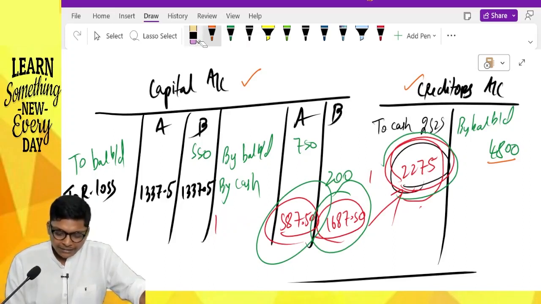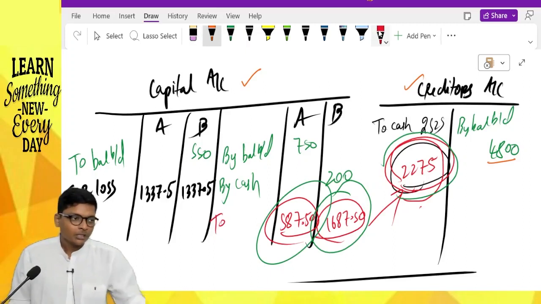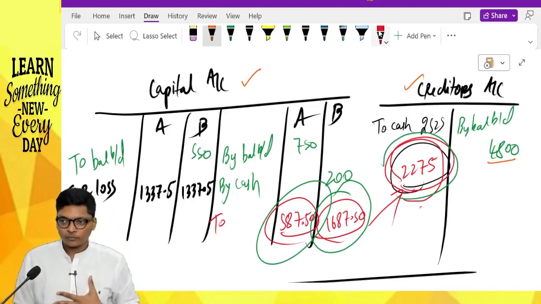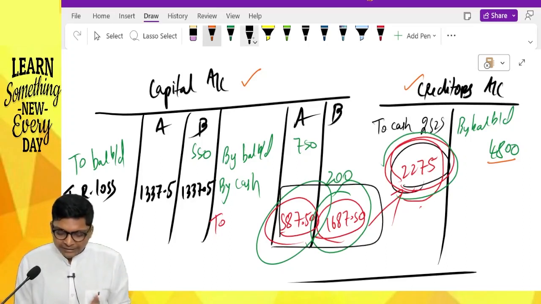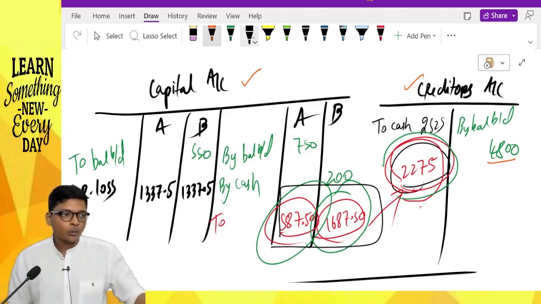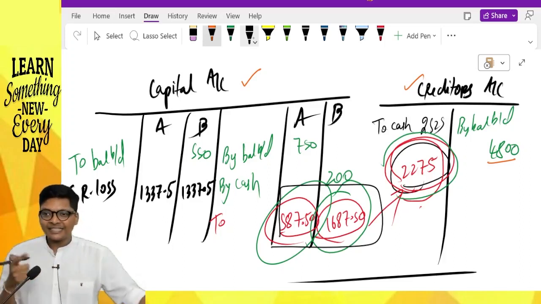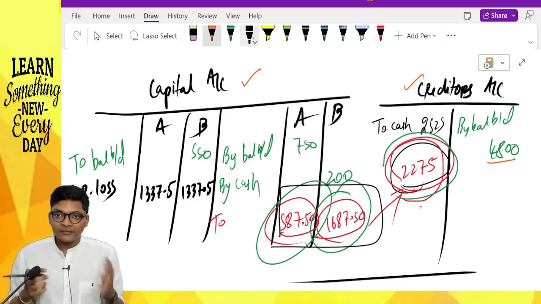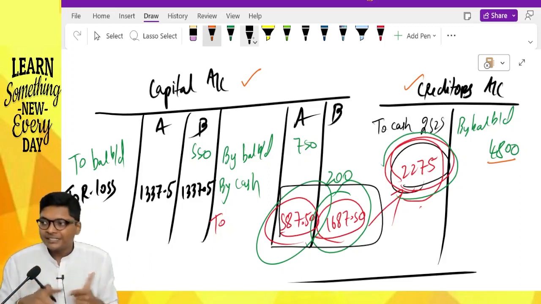I cannot write to creditors because I am not settling them, correct? So that's where my fifth ledger comes in. It's only for the purpose of presentation. What is the English word for this? 587 deficit, or one more word, deficiency. The firm is deficient, like vitamin D deficiency. We are deficient to the extent of 587 and 1687.